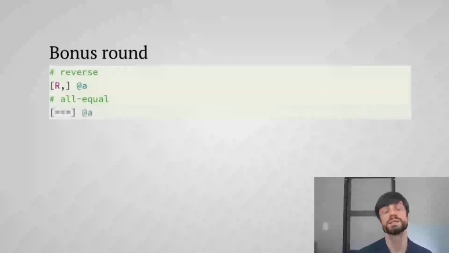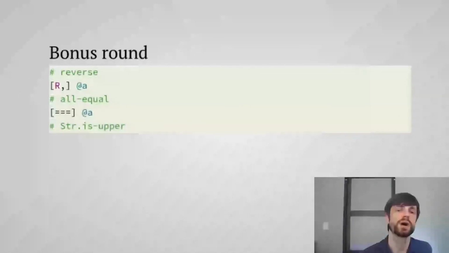But list associativity allows all equal to return true if and only if all of the elements in the list are in fact the same, which is something that very few other languages can implement quite as easily. So that's something I encourage you to dig into if you're interested in that sort of thing.